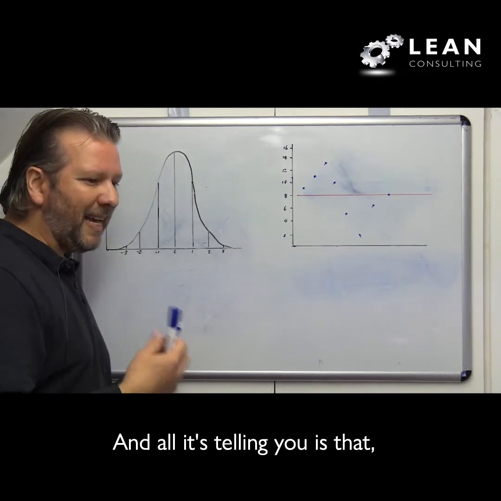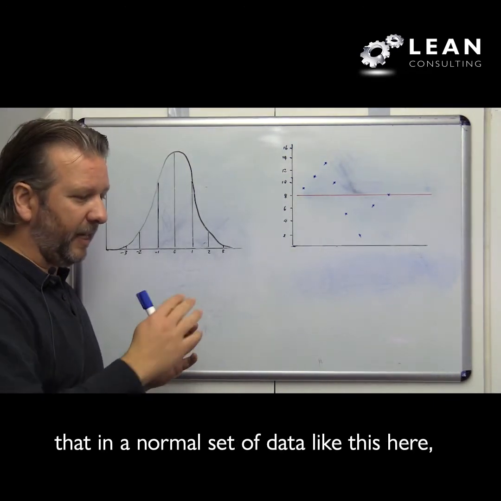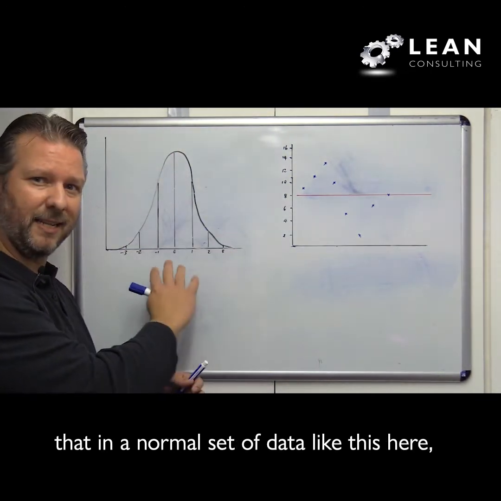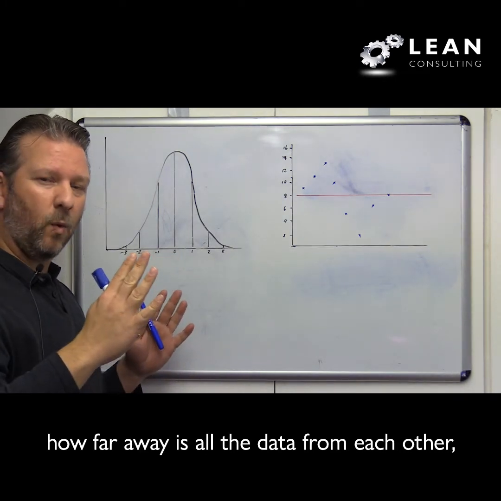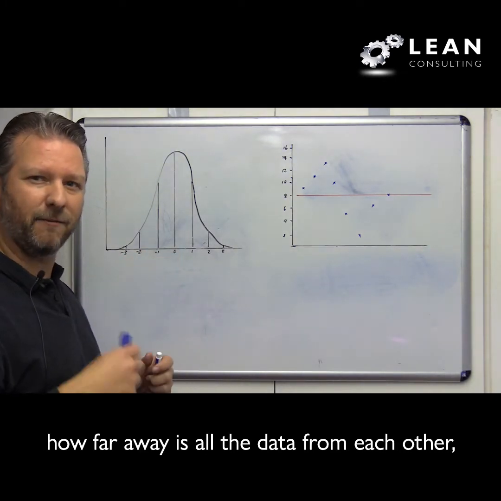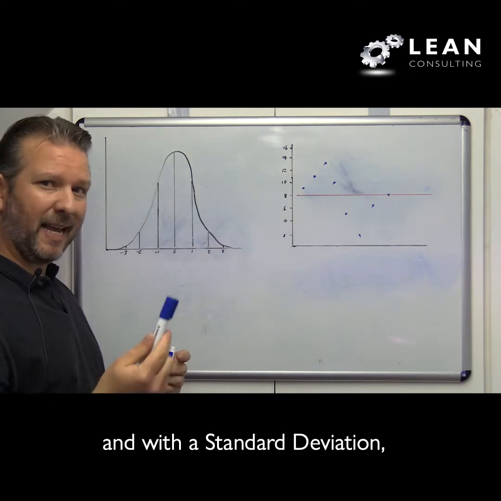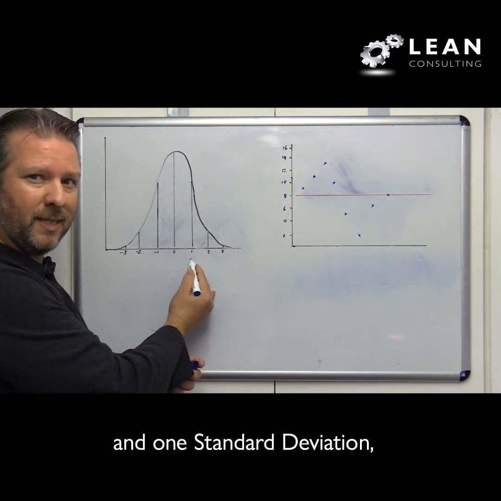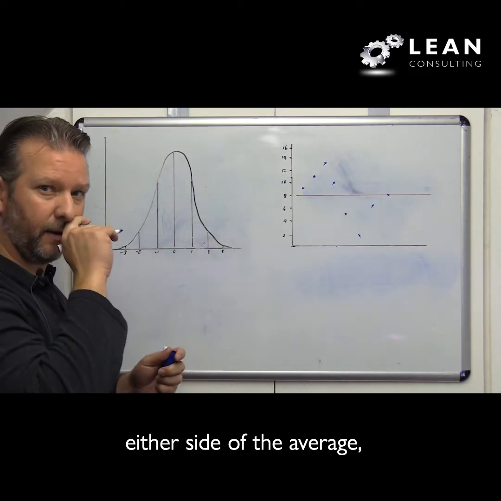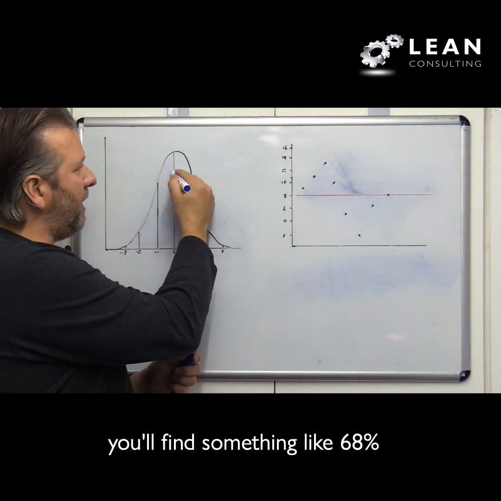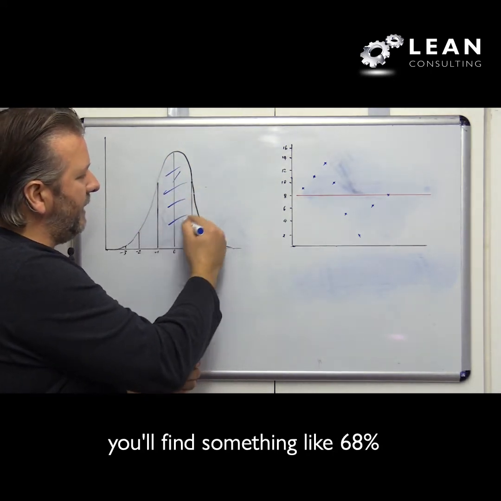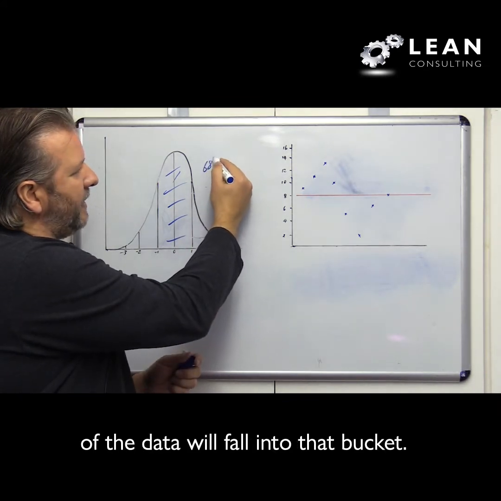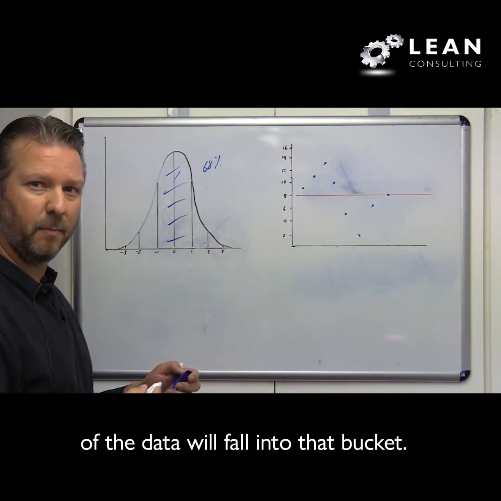And all it's telling you is that in a normal set of data like this here, how far away is all the data from each other. And with a standard deviation, you find that within -1 and 1 standard deviation either side of the average, something like 68% of the data will fall into that bucket.